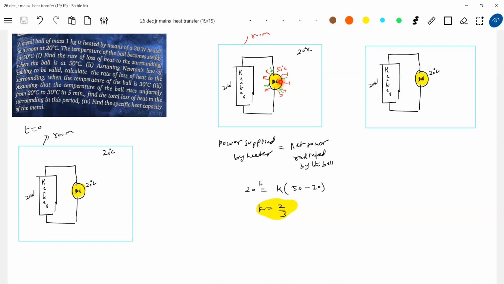The net heat radiated by the ball is equal to the net heat received from the heater coil. So this is our discussion. Now we are entering into the problem. This is the initial state, heater is switched off.